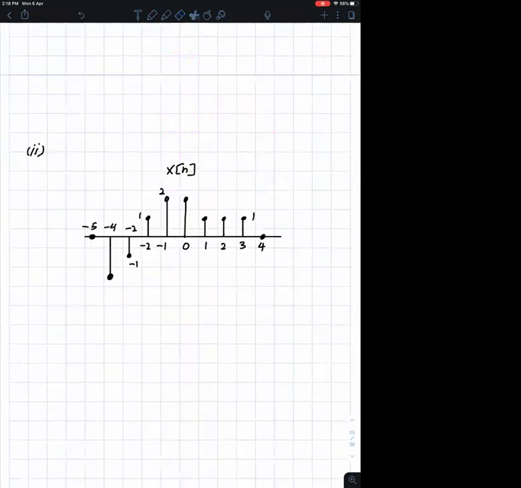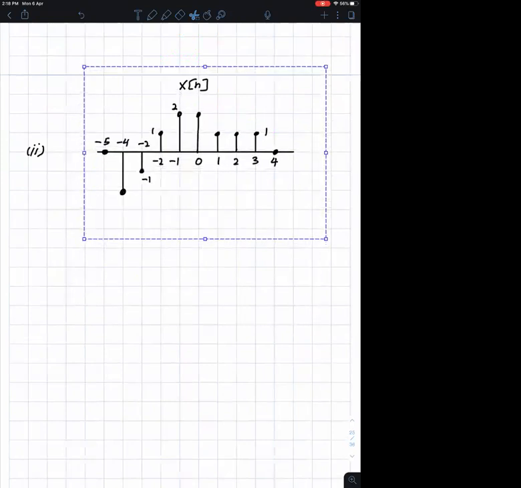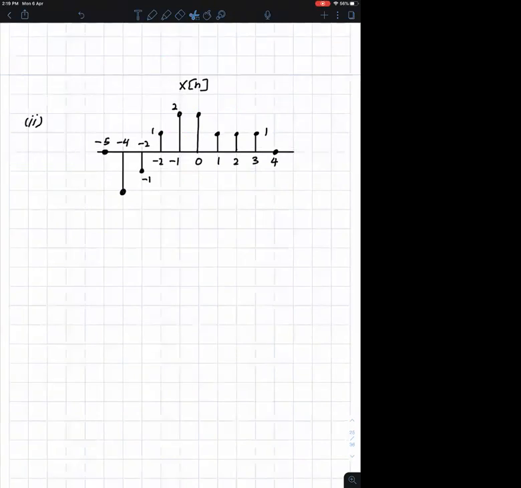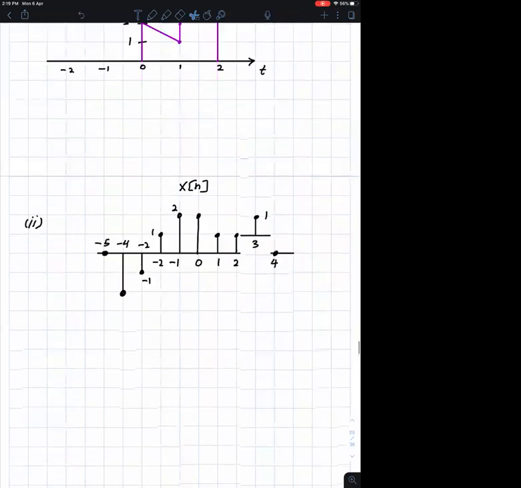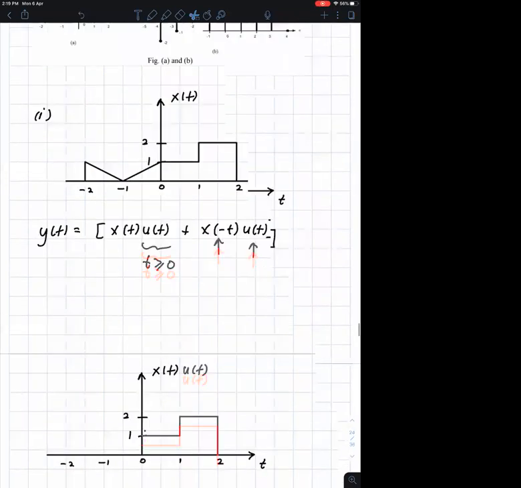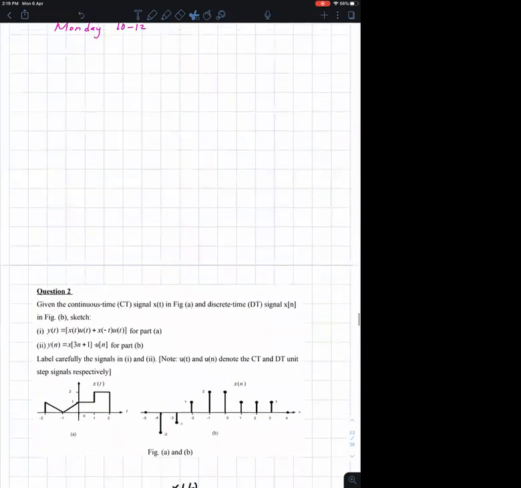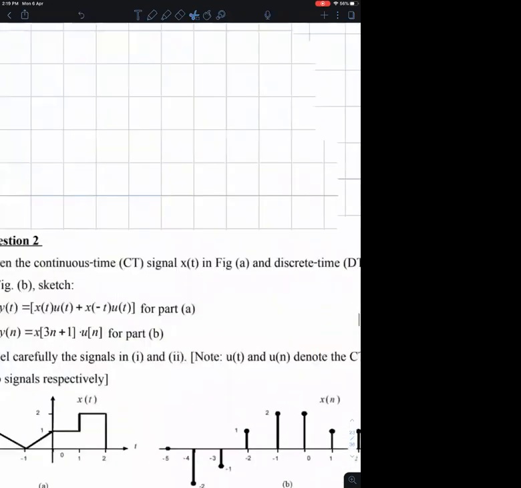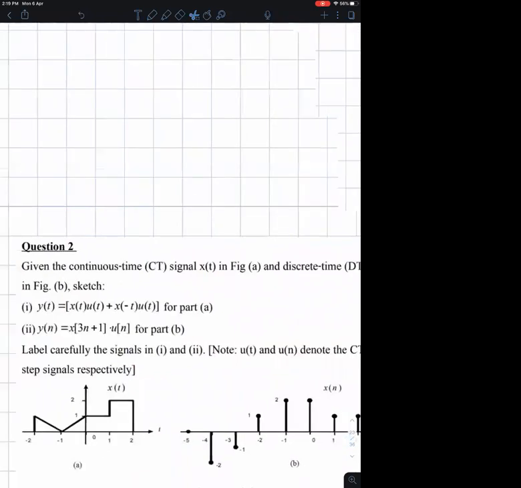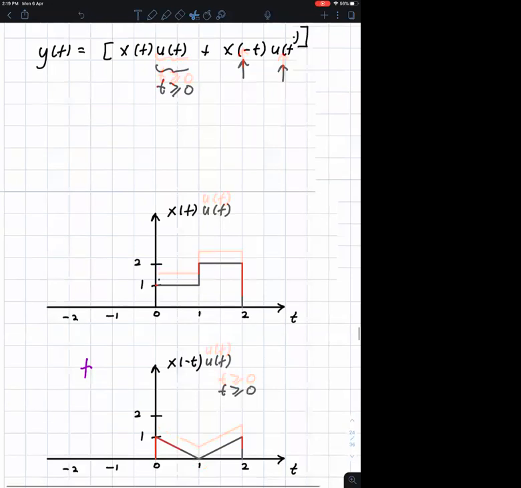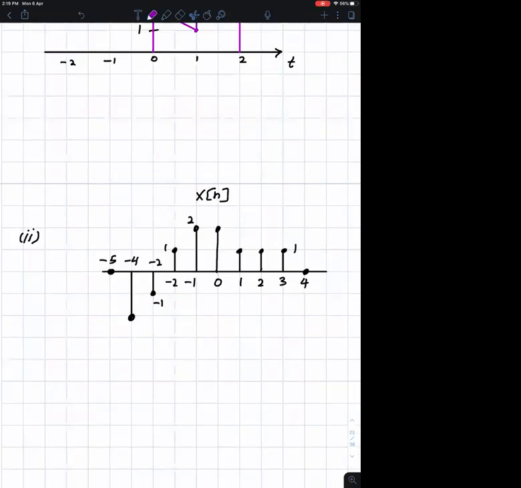Yeah. This is a discrete time signal. y[n] is equal to x[3n plus 1] times u[n]. x[3n plus 1] multiplied by u[n].